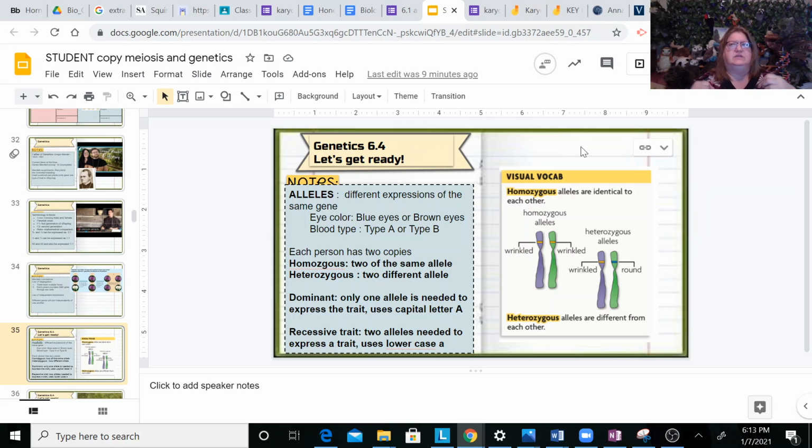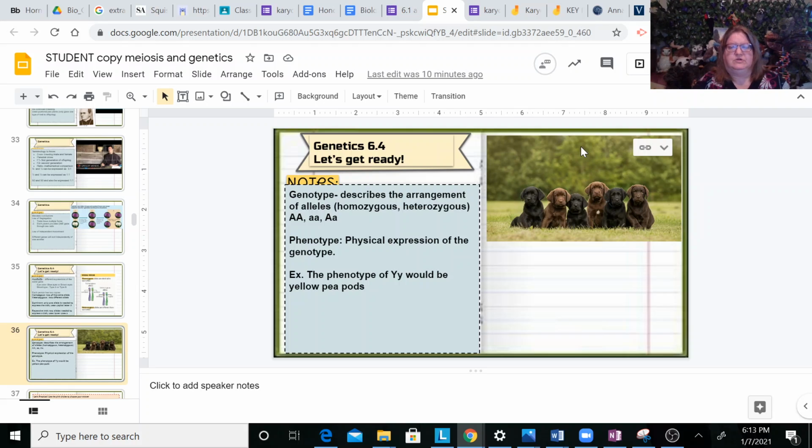Dominant does not mean it somehow overtakes the other one. That simply means that there is some signal or some way that it gets expressed that we see it, whereas the recessive, we only see it if the dominant isn't there. So for the recessive, we use a lowercase letter to represent that.